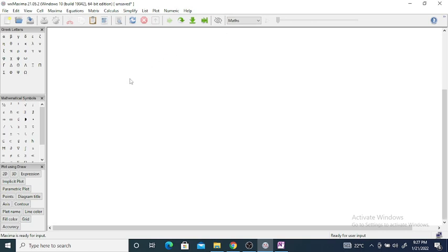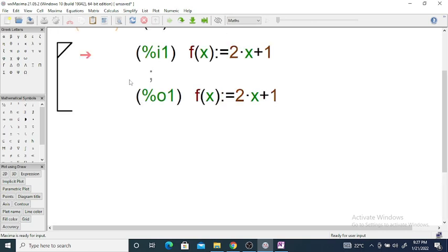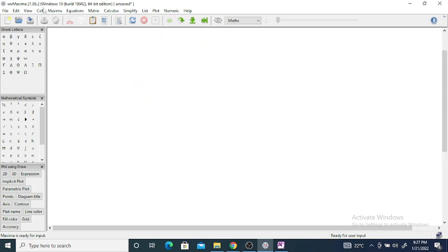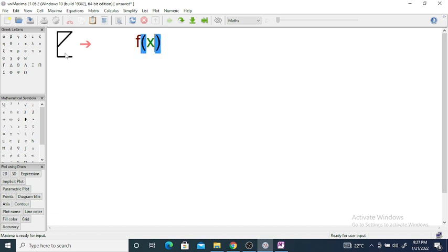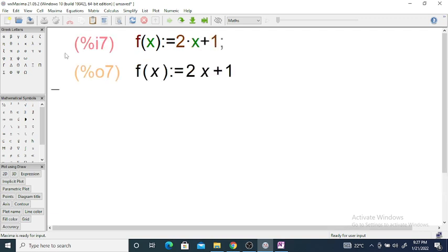So here we want to define the function f of x is equal to twice x plus 1, and g of x is equal to x square.